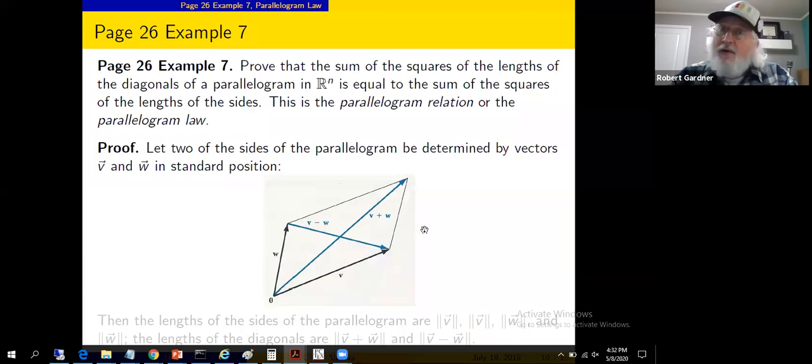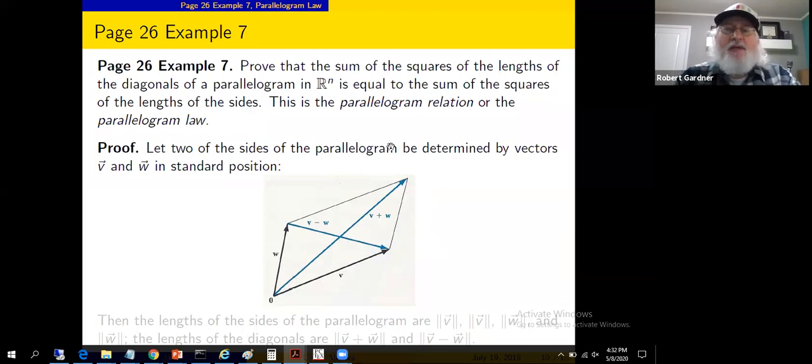If you'll let me be so informal, these things are sometimes vectors and sometimes line segments, and they're not lengths unless I take norms. But when they talk about the diagonals, they're talking about these blue things, and when they talk about the sides, they're talking about the 4 black sides, since this is color coded.